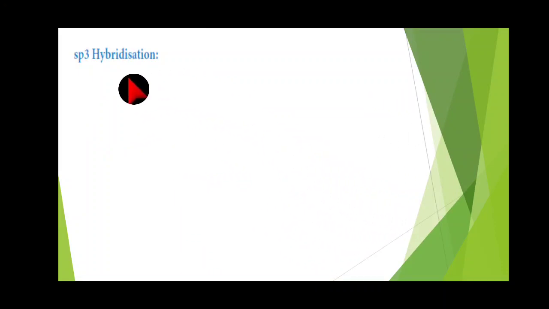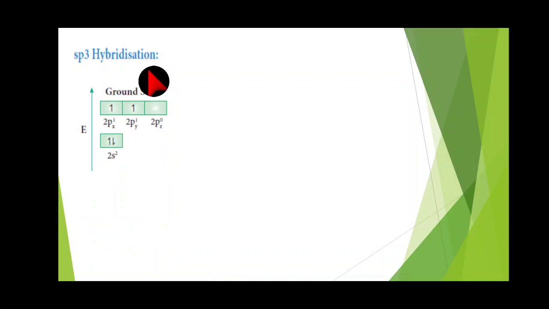Third one, the next, sp3 hybridization. In sp3 hybridization, 1 s orbital and 3 p orbitals are involved in the hybridization. For example, methane, we can see that. So methane, 1 carbon is bonded with 4 hydrogen.